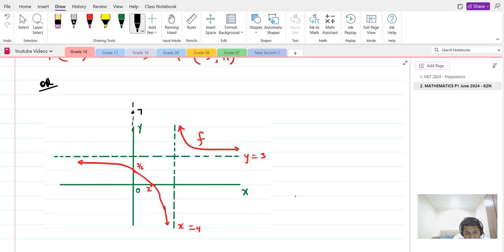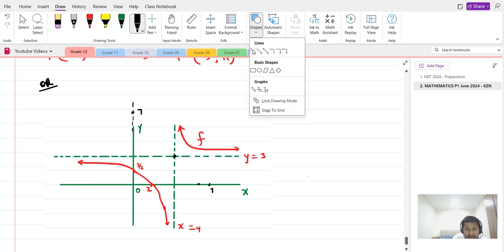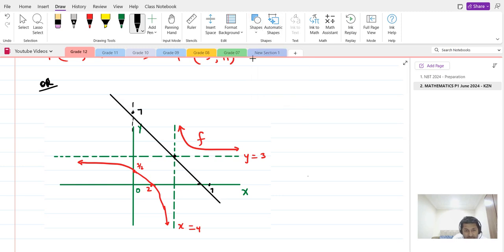This is 4, 6, I'll take 7 there. And it needs to go through this point as well. The main thing is an axis of symmetry. So that's the graph of g of x.